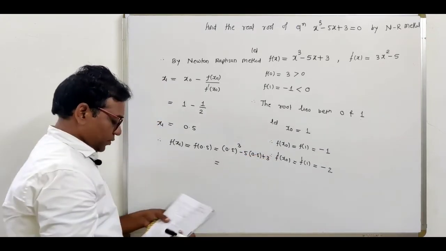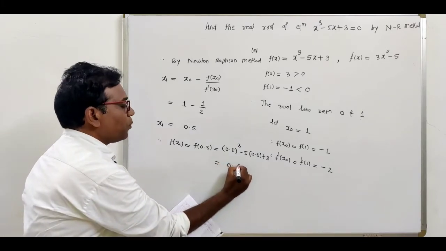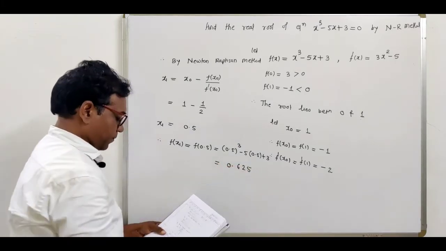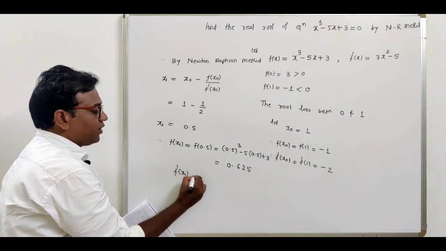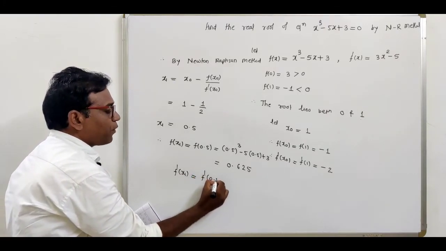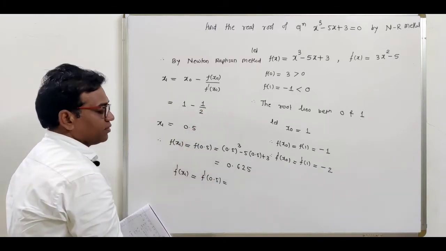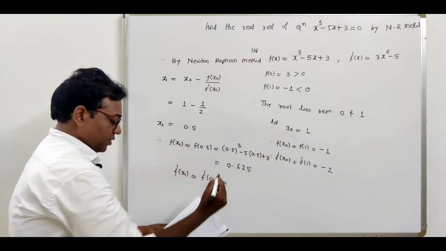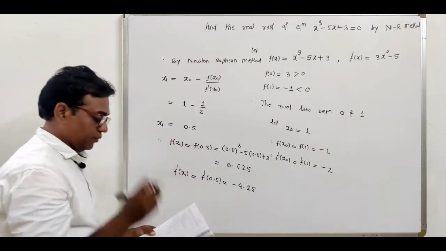So what is this value? f of x1 is equal to 0.625. Find out the functional value f dash x1, so this is f dash 0.5. Put x equal to 0.5 in the derivative. We can directly write this value: this is minus 4.25.